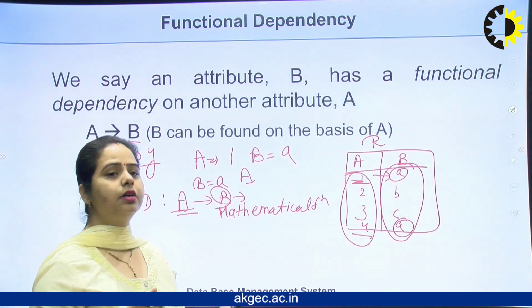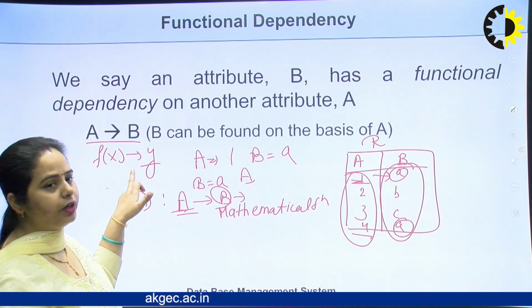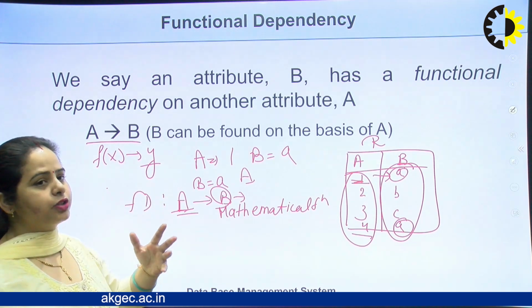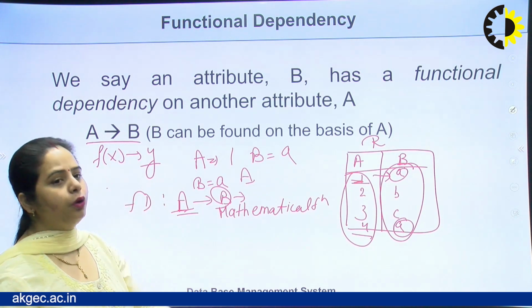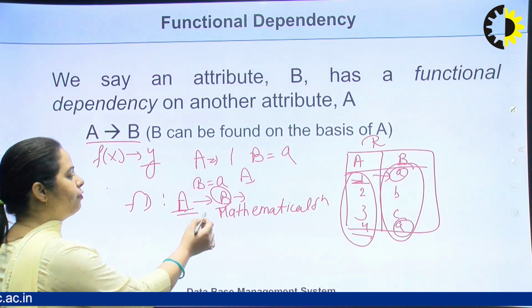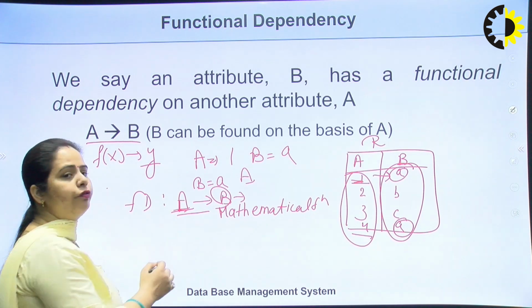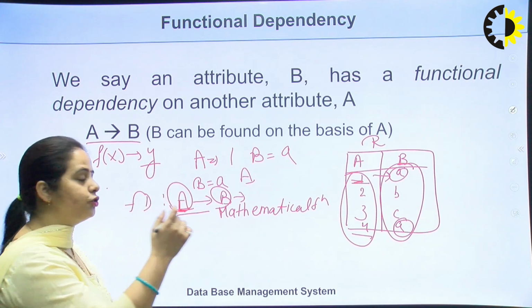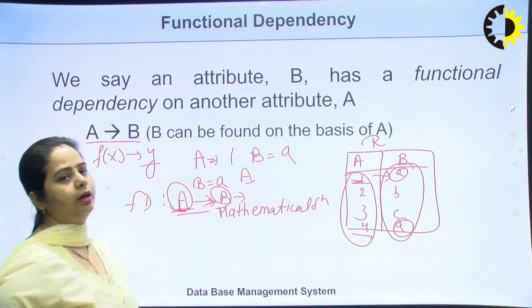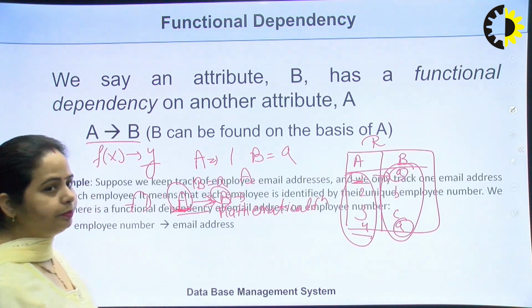Remember this. This is a misconception some students have, that this is equivalent to a mathematical function. No. In mathematical functions, on the value of x, I can compute the value of y. But in case of DBMS functional dependency, with the help of the value of A, I can search for the value of B in the database. So this is the proper definition of functional dependency.